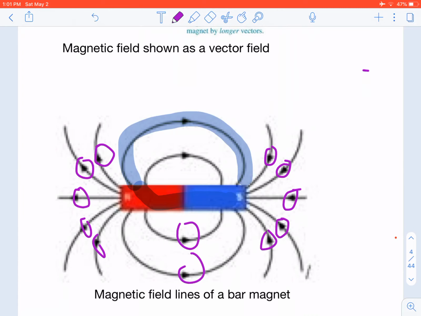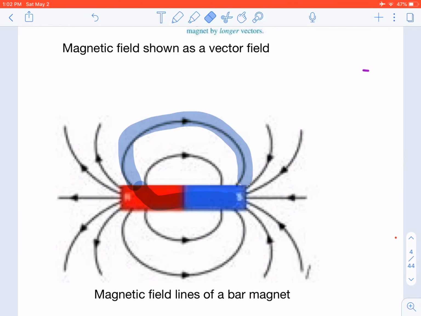Here we have these field lines, which come from the iron filings that were sprinkled. We don't want to clutter the magnetic field with a lot of lines, so we have chosen just a few field lines. Then again, what other information does this field give us?